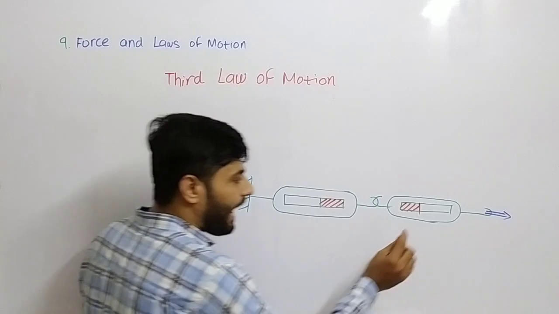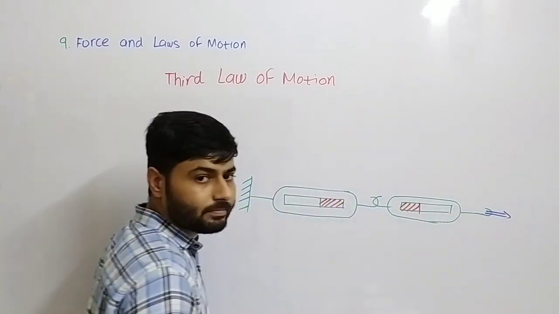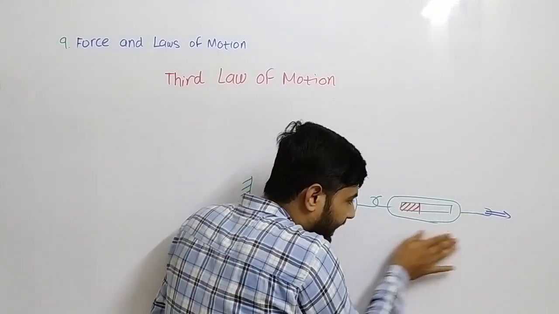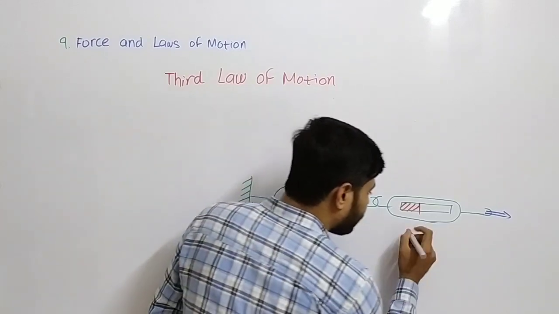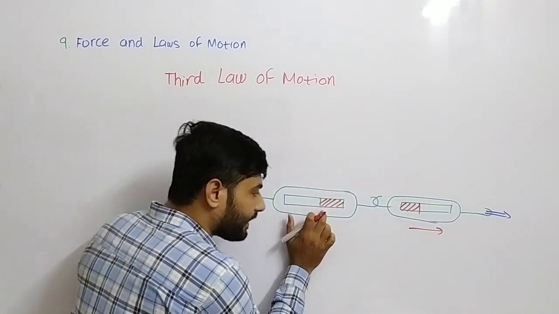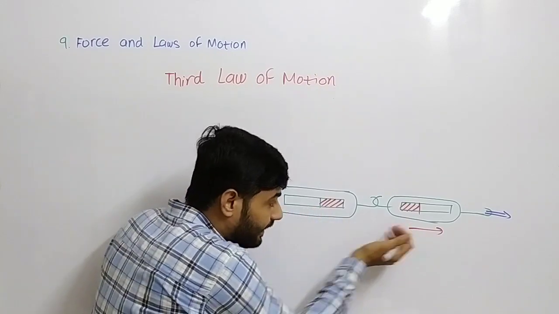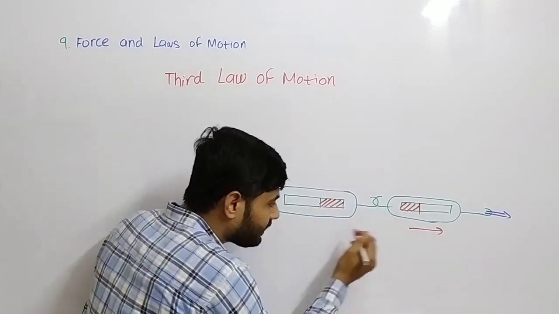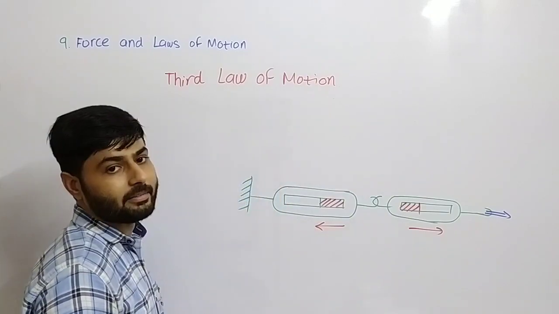So what will happen? I exert force here, so this spring balance shifts this side. At that time, this spring balance also tries to pull this spring balance this side.